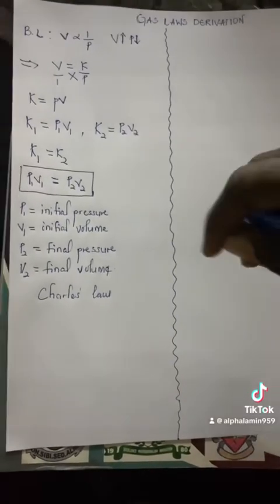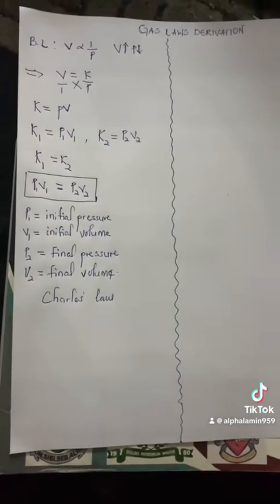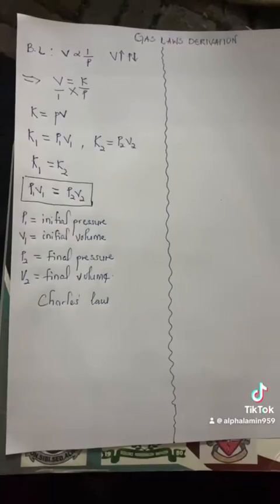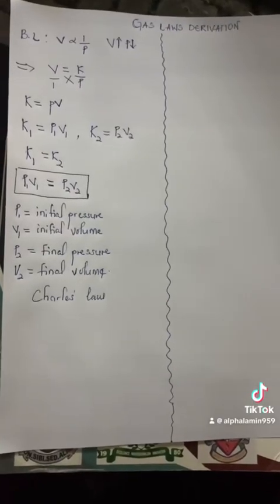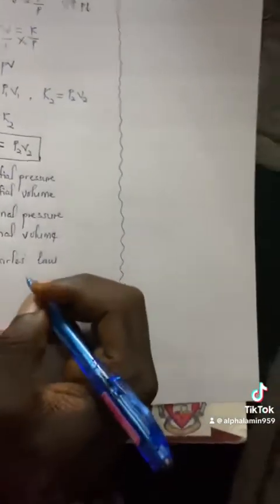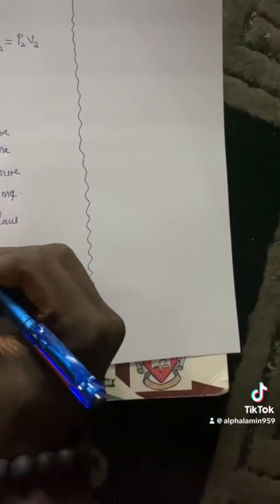Because when we talk about absolute temperature on a Kelvin scale, we are referring to the temperature being either 0 degrees Celsius or 273 kelvins. So the relationship for Charles' law, say V is what? Directly proportional to what? T.